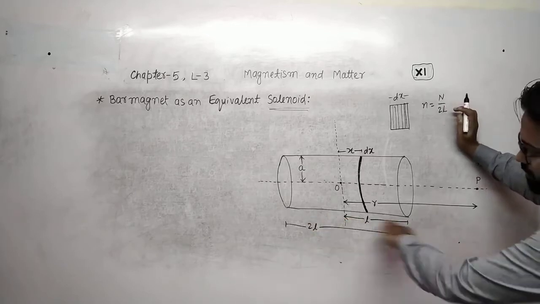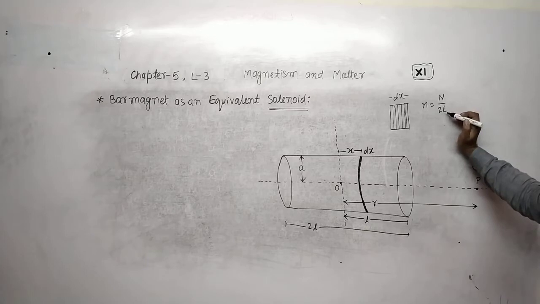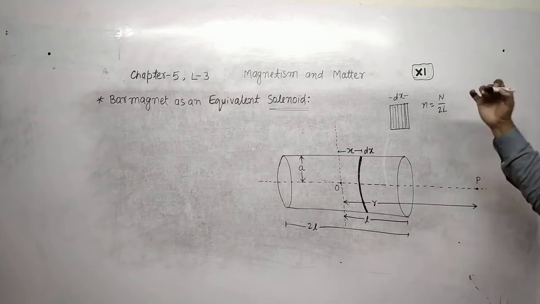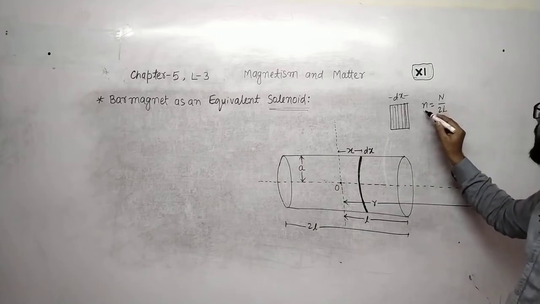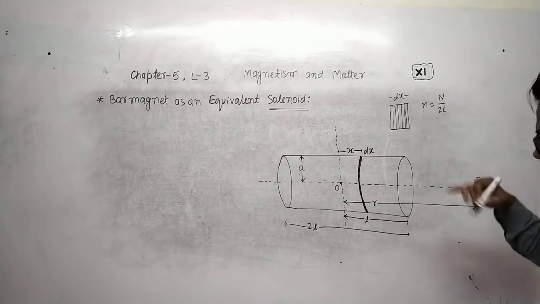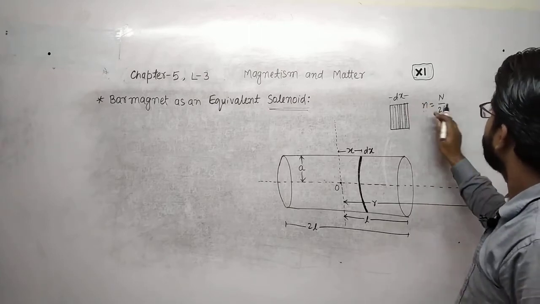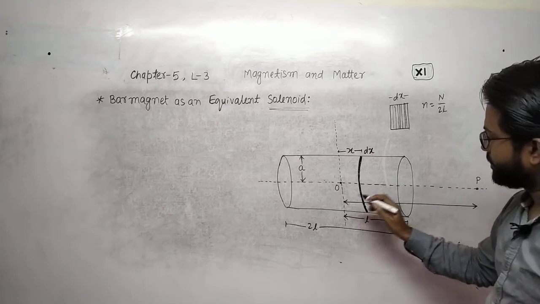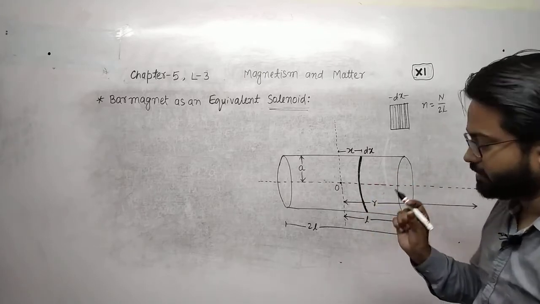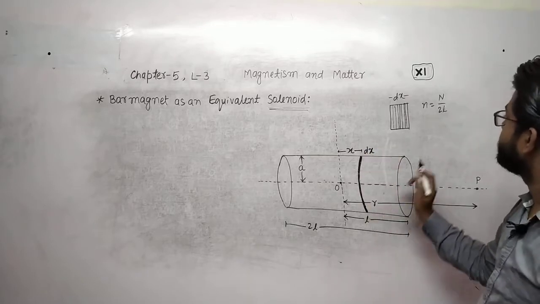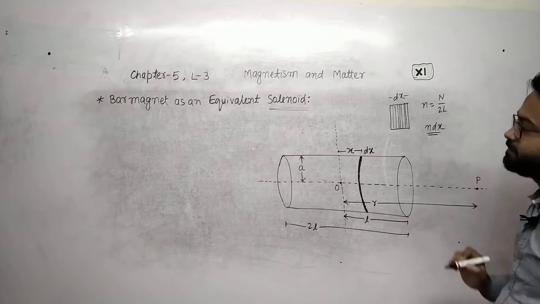The length of the bar magnet is 2L. Small n is the total number of turns per unit length. If you need the total number of turns, then capital N equals n into 2L. If you need the number of turns in the dx length, it will be n dx.